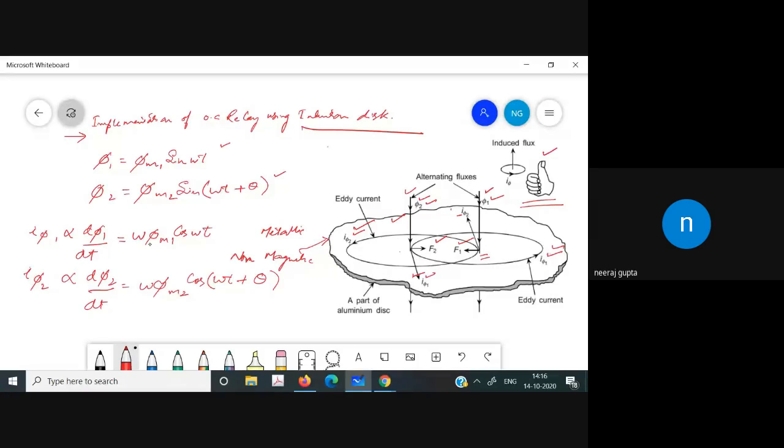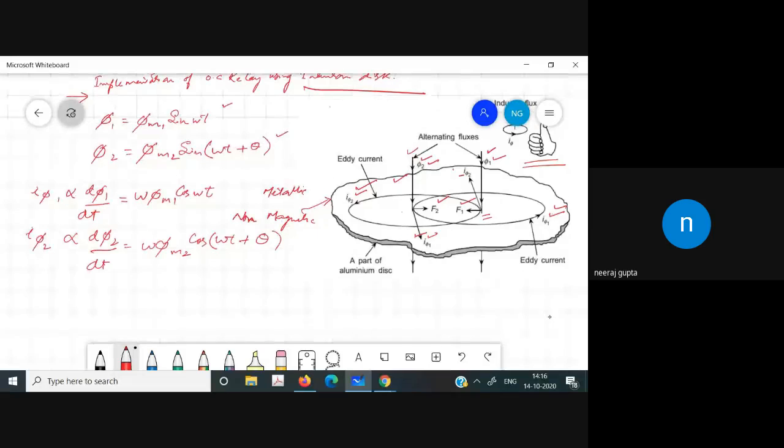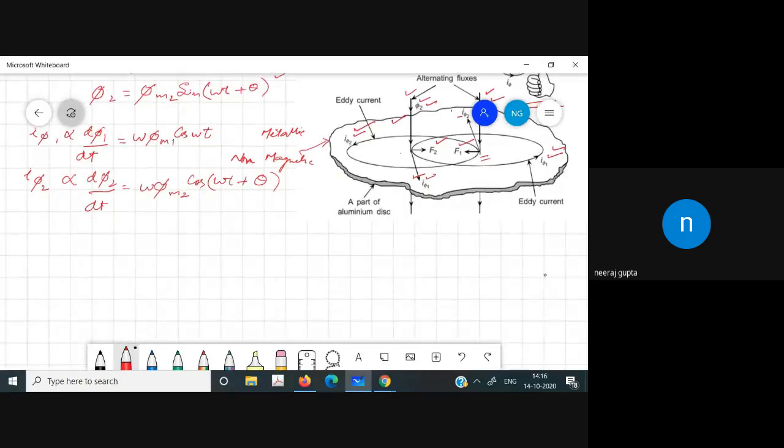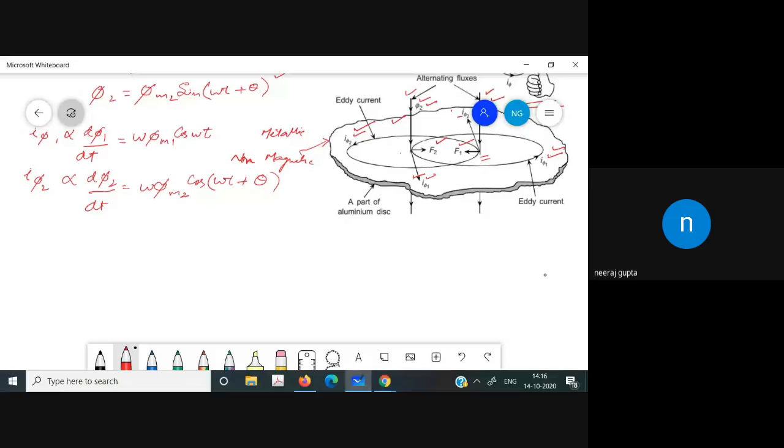Now from this figure, you will see that the interaction of phi1 with I phi2 produces the force F1, and the interaction of phi2 with I phi1 produces the force F2, which can be obtained by Fleming's left-hand rule. Let us assume omega to be constant.